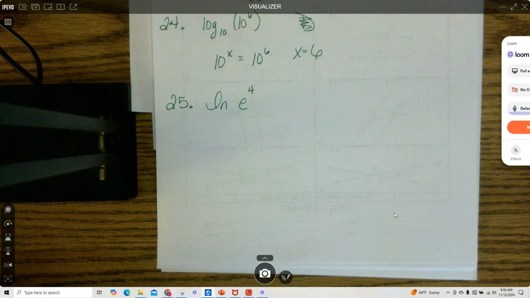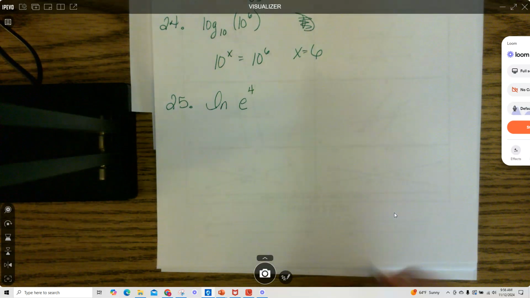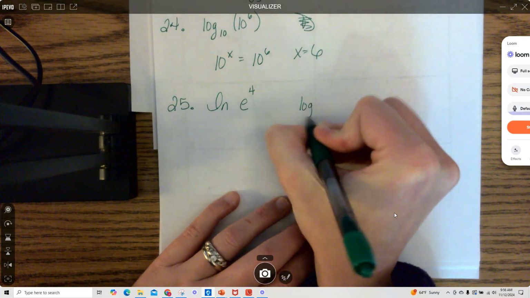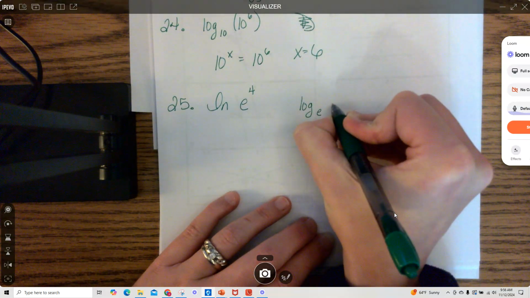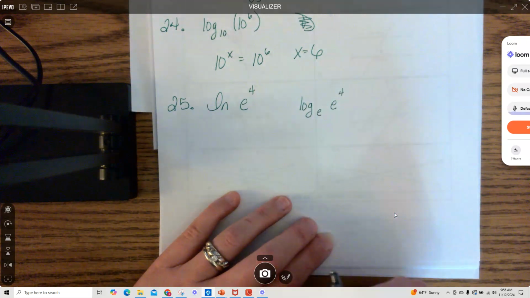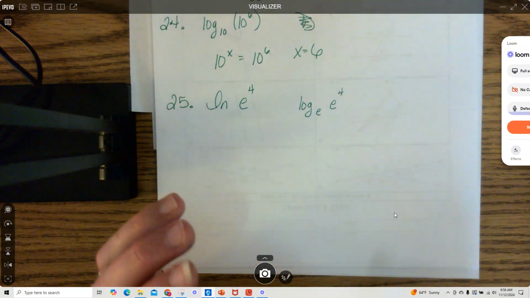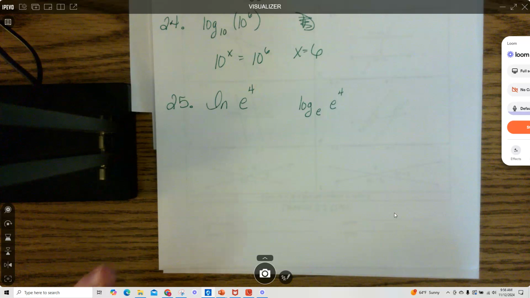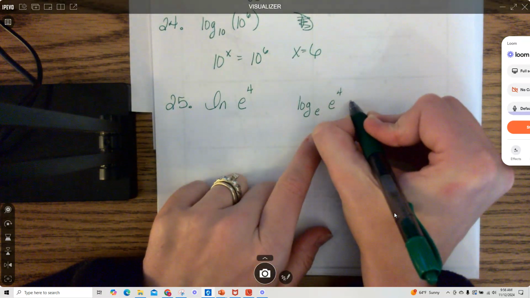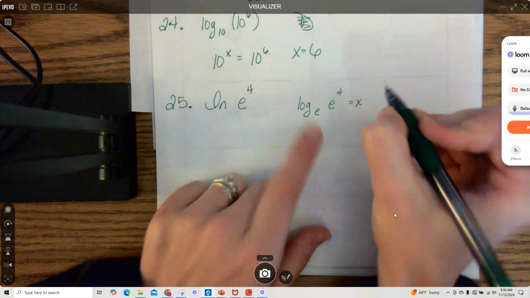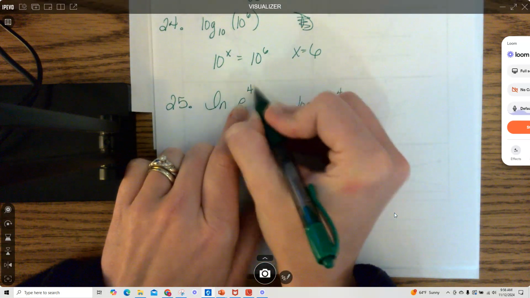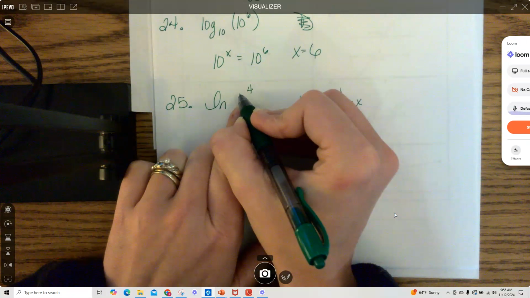By definition, this could be written as log base e of e to the power of 12. So log base e and then an e to the fourth. Yeah. There's another rule with that too. We don't typically do exponents in logarithms.